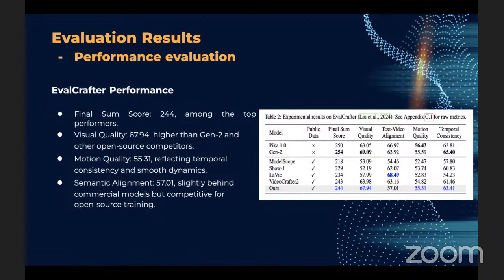If we also look into the semantic alignment, the model performs well. This is measured by BLIP-BLEU and CLIP scores, and these are competing with closed source models like Gen 2.